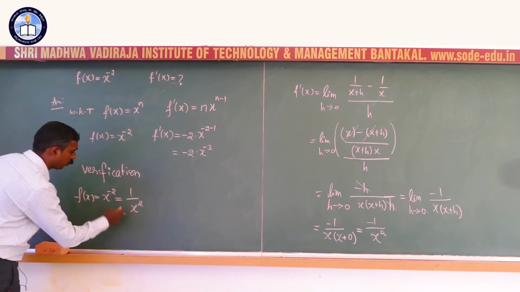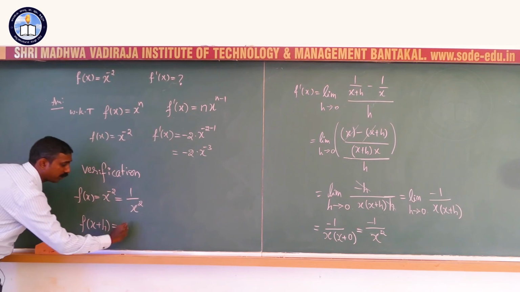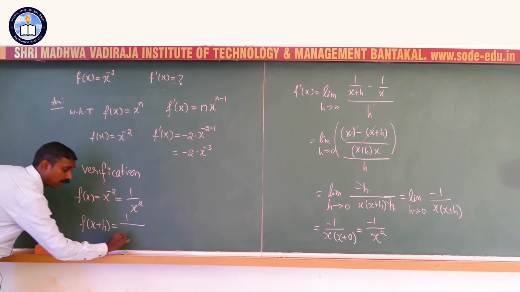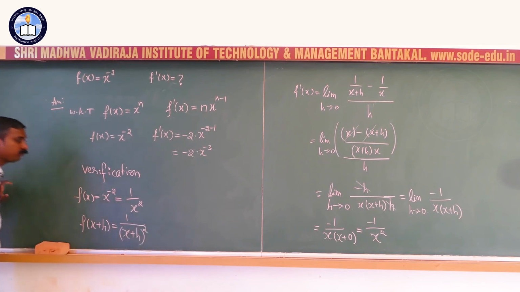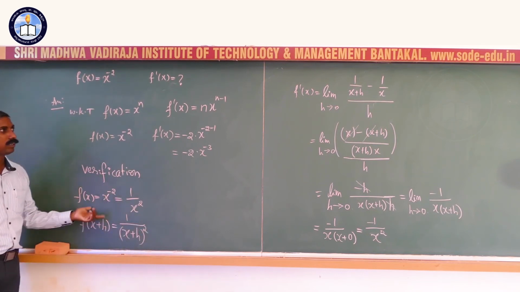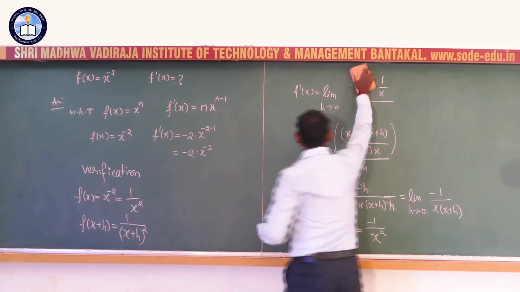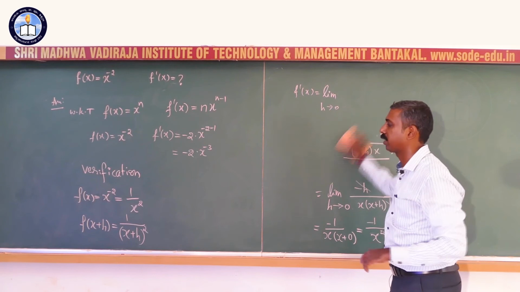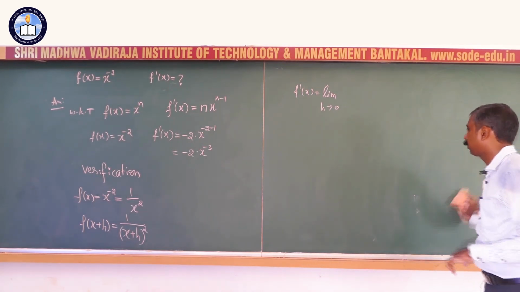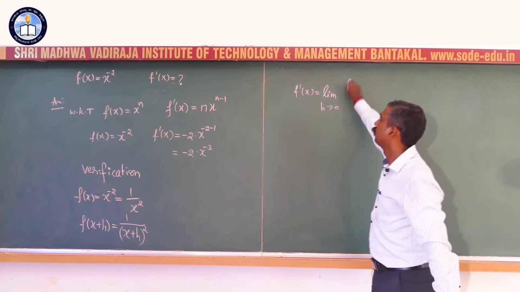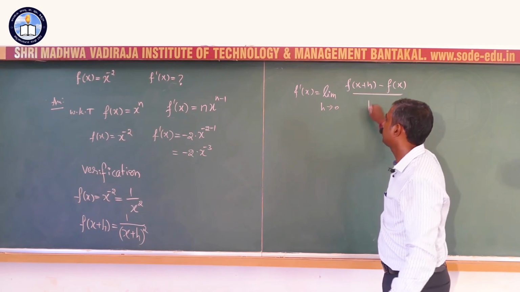If f of x is equal to 1 by x square, what is f of x plus h? It will be 1 divided by x plus h whole square. So, in the formula of f dash of x according to the first principle of derivative, it is limit h tends to 0, f of x plus h minus f of x divided by h.